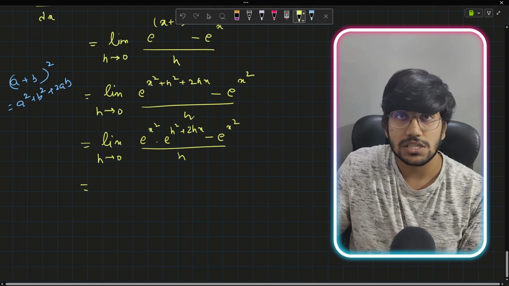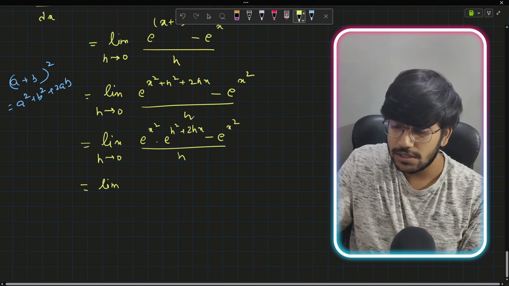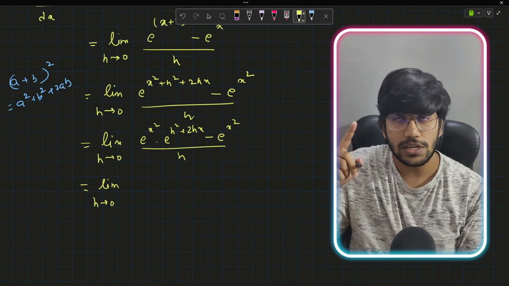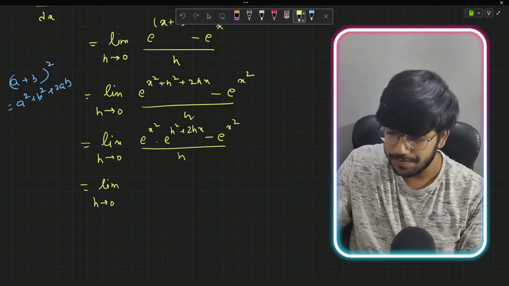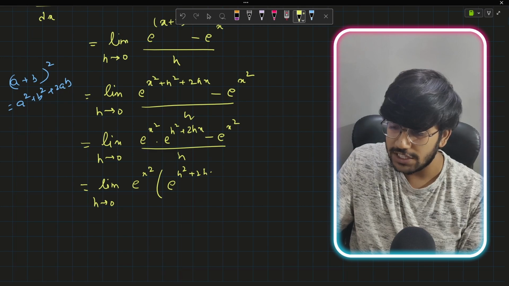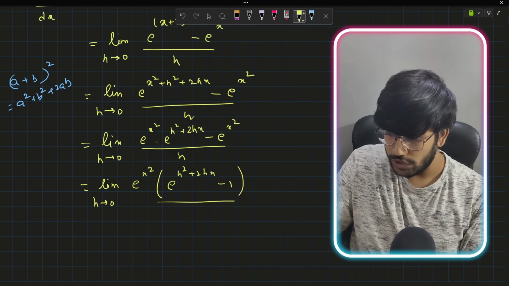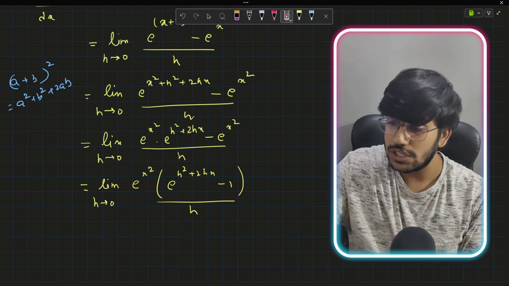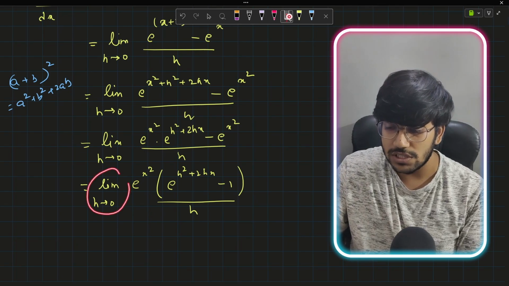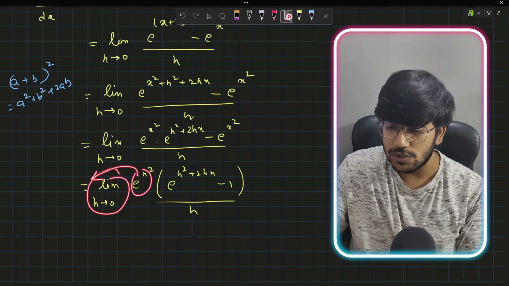So what this gives us is limit h tends to 0, and let's take out e to the power x square common. So e to the power x square times (e to the power h squared plus 2hx, minus 1) over h. Now if you see, e to the power x square is independent of this limit, so we can pull this outside.